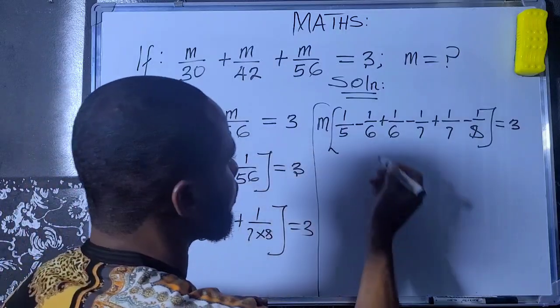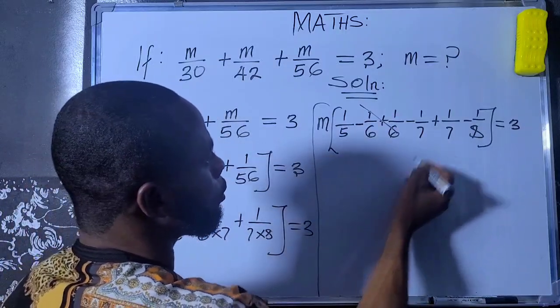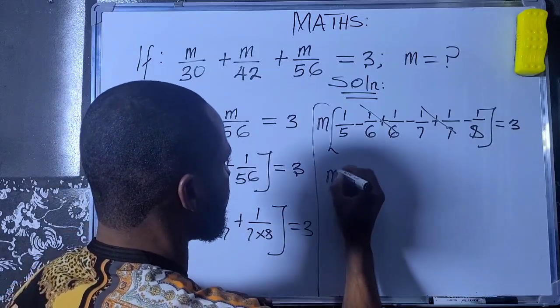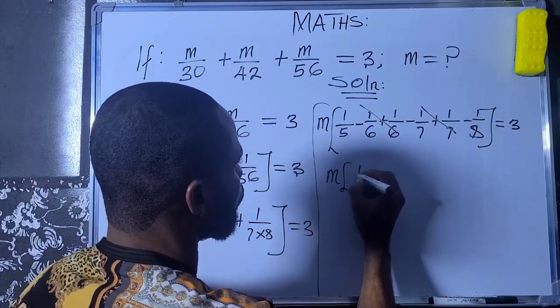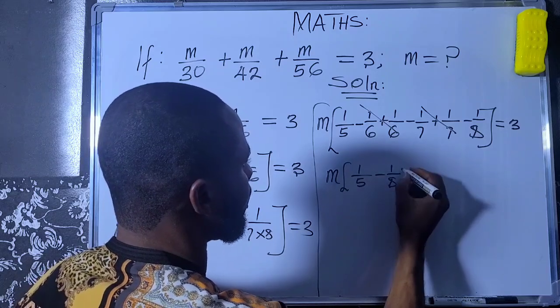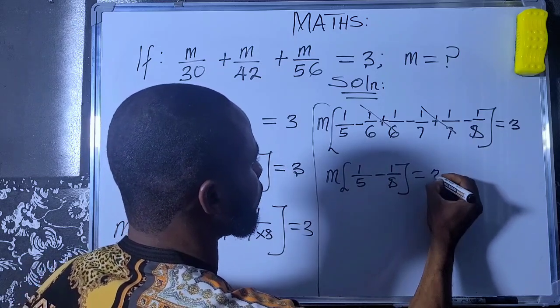Then here, this and this will go, and this will go. Therefore, we have that m into 1 divided by 5 minus 1 divided by 8 equals 3.